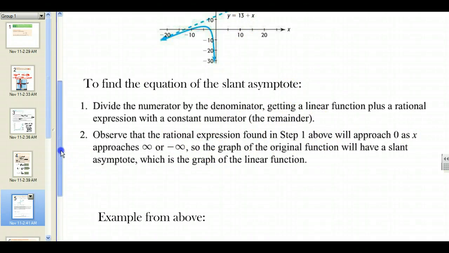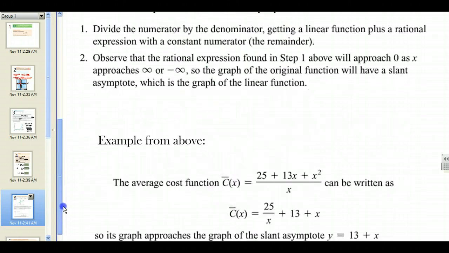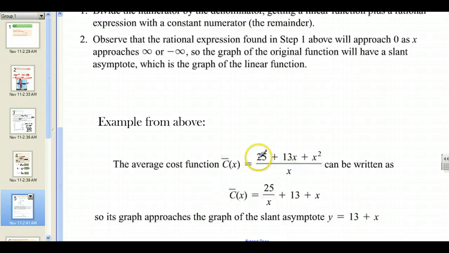So using this example right here, if I take these three things and divide each by x, so 25 over x, 13x over x, well, what's 13x over x?